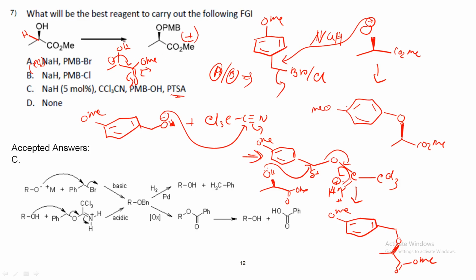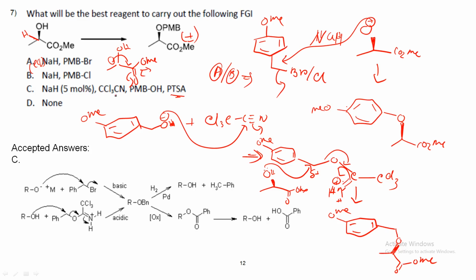And why is that? Because of the use of this particular strong base. But you can see in condition C the use of this strong base is minimized, because it is only 5 mole percent.